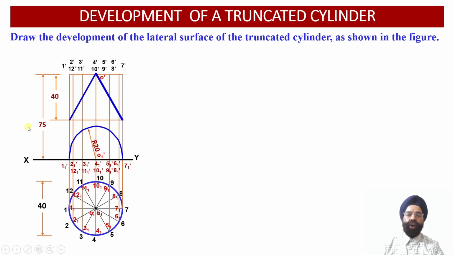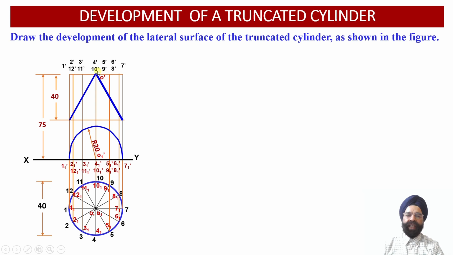So let us now mark the locations of the different cutting planes. This is cutting plane number 1, which is inclined. We have marked a distance of 40 millimeter from the top. From this point on the vertical generator 1 dash, we are going to join the top center point in order to obtain the orientation of the first cutting plane.